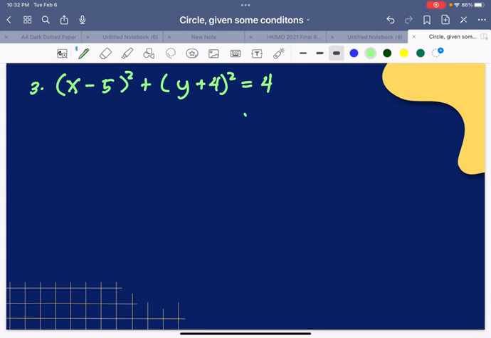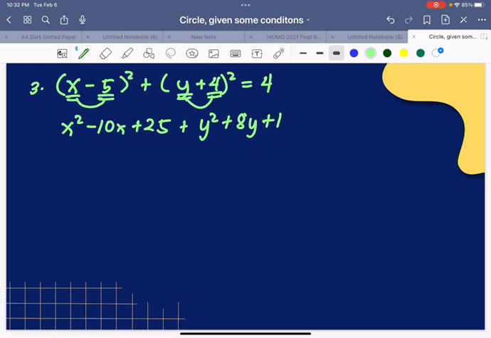So square of binomial, x times x, x squared, x times negative 5, negative 5x times 2, negative 10x. Then negative 5 times negative 5, that is positive 25. Next, this one. So y times y, squared, y times 4, 4y times 2, so we have positive 8y. 4 times 4, so that is 16, so we have equals to 4.